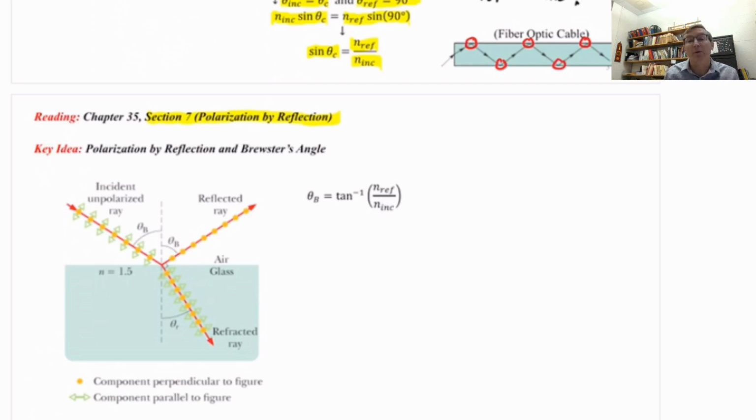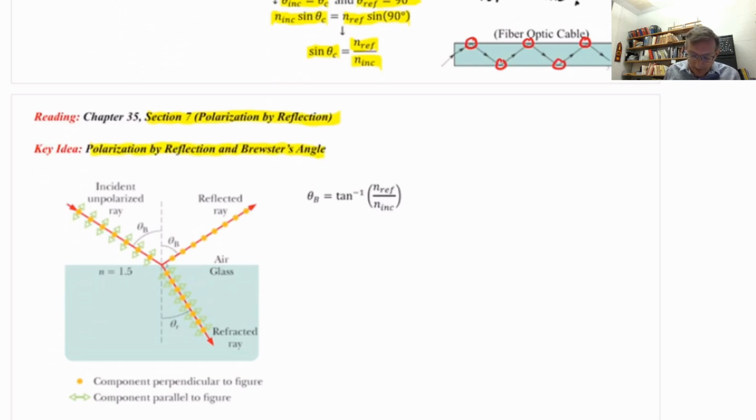And that's a way to get polarized light. But that's not the only way, it turns out. You can also get polarized light if you have reflection from a flat interface, if that reflection happens just right. So we're going to talk about polarization by reflection and calculating what's called Brewster's angle.